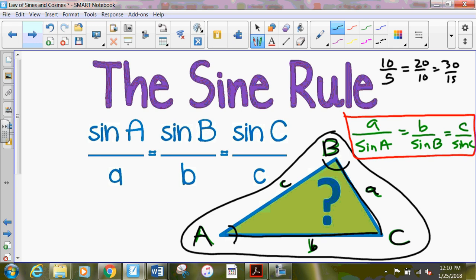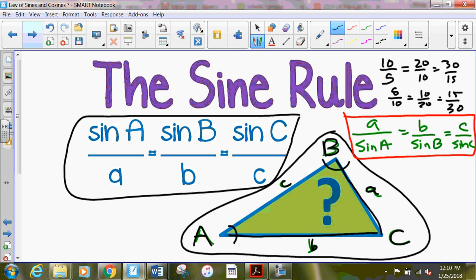Those ratios are all the same. We could also say 5 is to 10 as 10 is to 20 as 15 is to 30. And that's all we're seeing here. You usually are going to see the law of sines this way, but every now and then you'll see it flipped, and that is just fine.